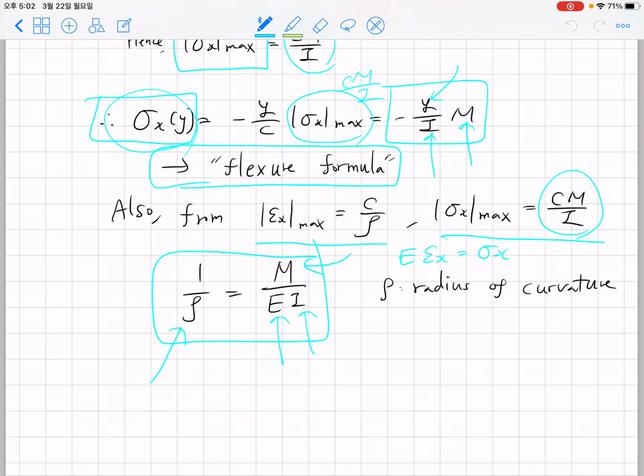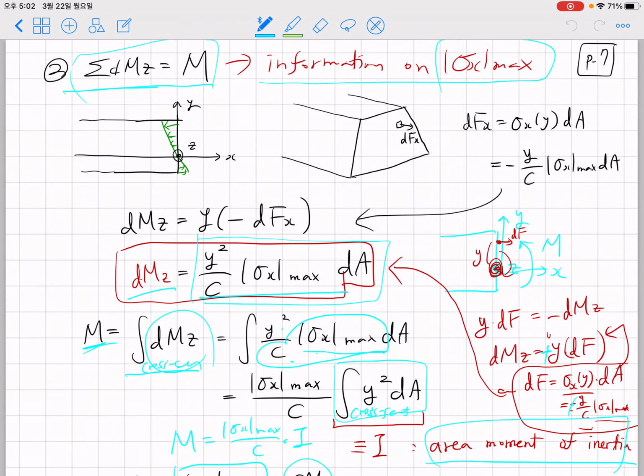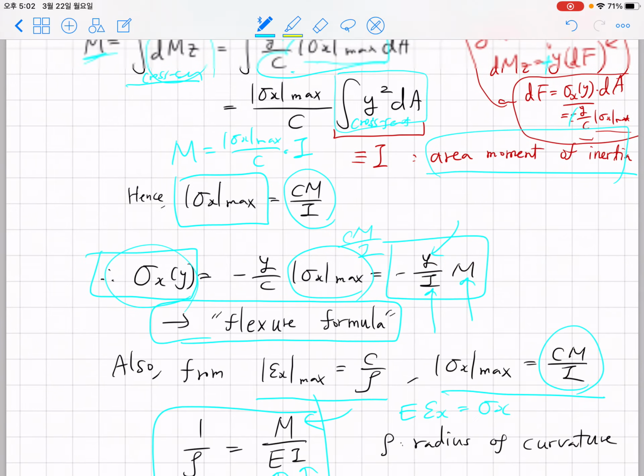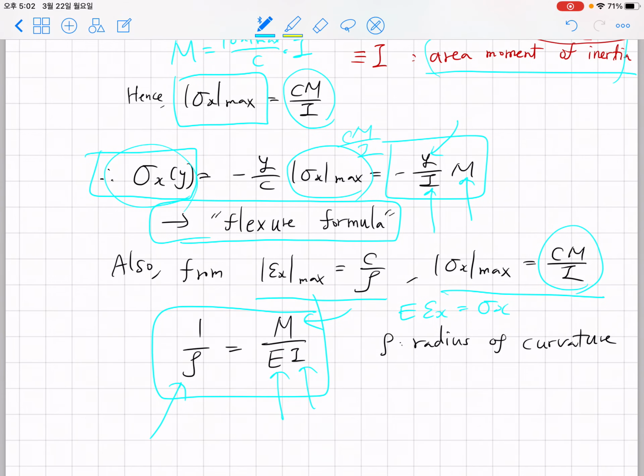That's the first lesson. From the second condition, the second lesson we get is that we finally connect the relationship between applied moment and the geometry, and applied moment and strain and stress distribution.